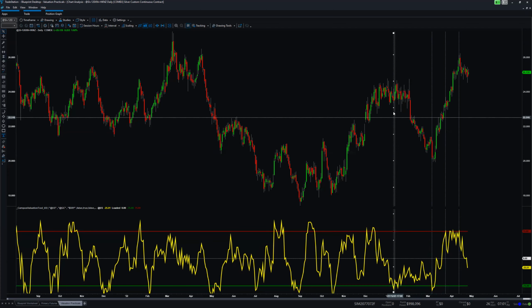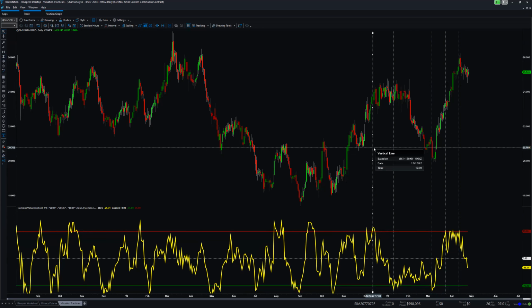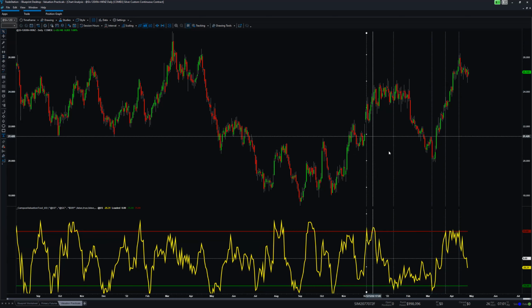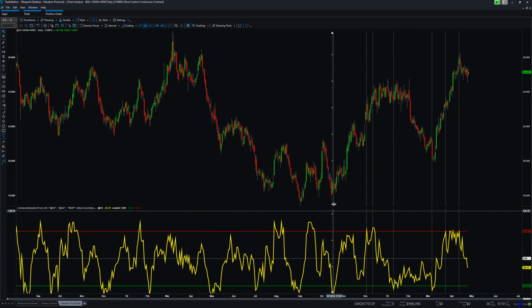Here we're undervalued, we rally for 2 days, but nothing much happens. Here we're overvalued, nothing much happens. Here we're overvalued, nothing much happens. Then here we're undervalued, we produce a major rally in price.